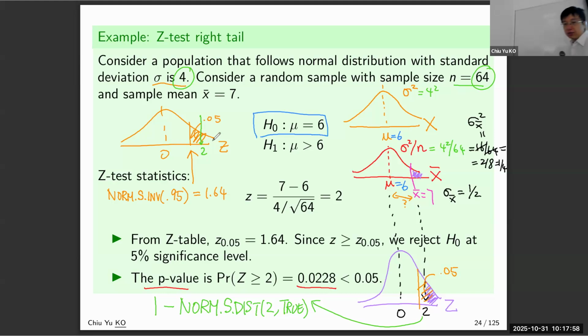So now you have learned the Z test, and this is the right-hand side rejection, so very often it's called the right tail Z test. After the break, I'll talk about the left tail, and also the both tail Z test. After that, I'll tell you the T test, left tail, right tail, both tail.